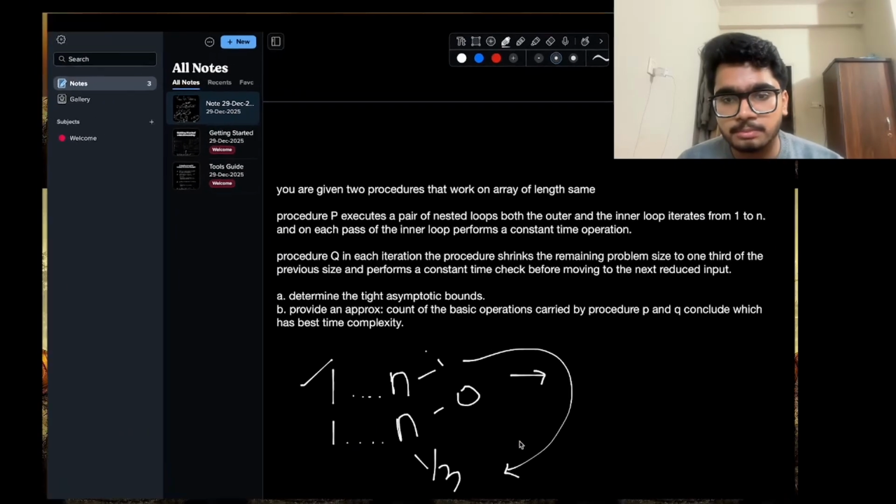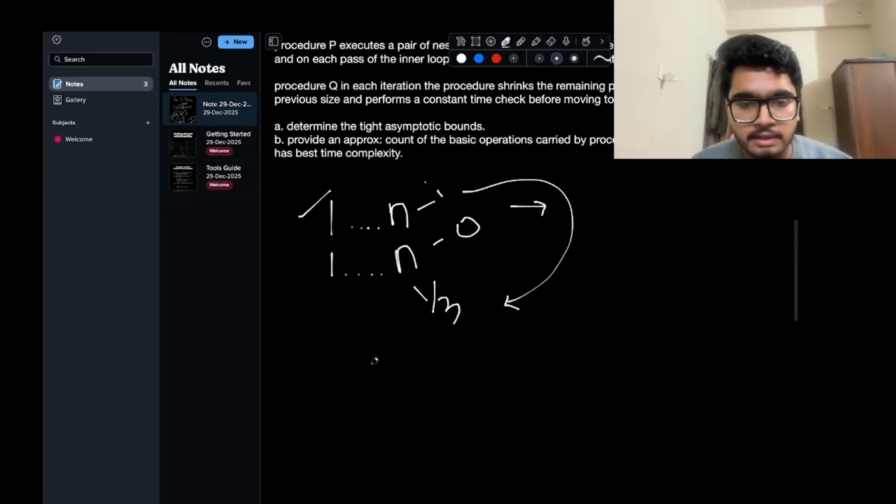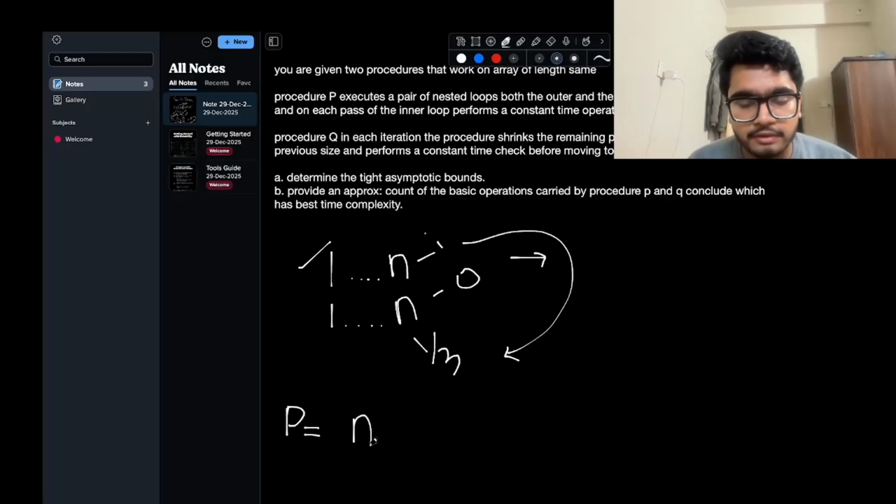Now how will you measure its time and space complexity? For measuring it, firstly focus on the question. Procedure P is going from 1 to n, performing n iterations, whether in the inner loop or the outer loop.